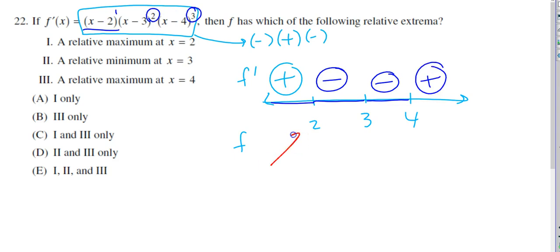So f goes from increase to decrease, there's a max. Then it continues to decrease, then it goes back to increase, there's a min. So let's read our options. Relative max at 2. Yes. Relative min at 3. No, I have neither min nor max there. Relative max at 4, no, so it should be only one, sorry.